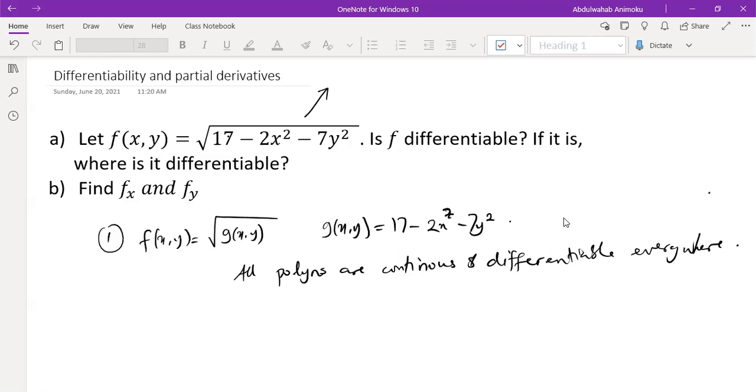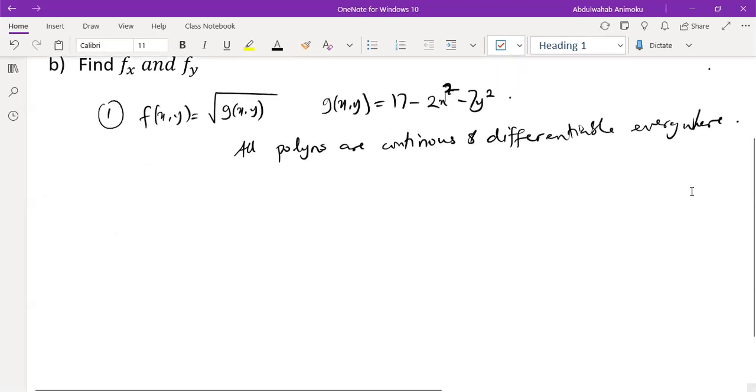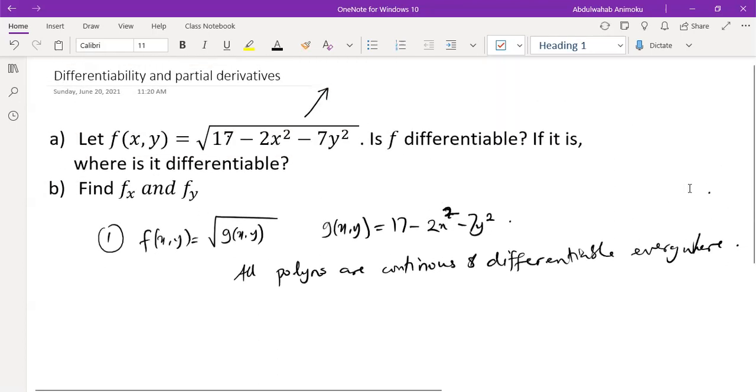So that means I can find partial derivatives of polynomial functions, and I can conclude that they're continuous at any particular point when we graph the function. Now, when you look at f of xy, the only restriction that you have is the square root.